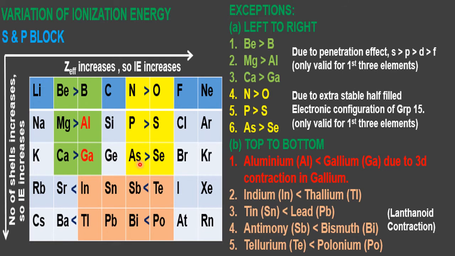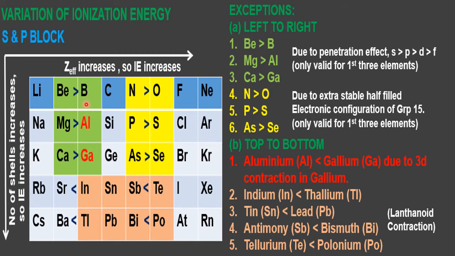Now we'll go to the top to bottom, red area. Aluminium's IE is less than gallium's IE. What is the general trend? Aluminium and gallium are members of the same family, the boron family.